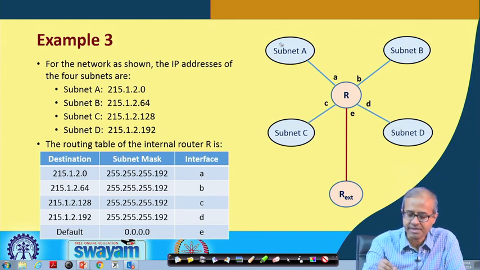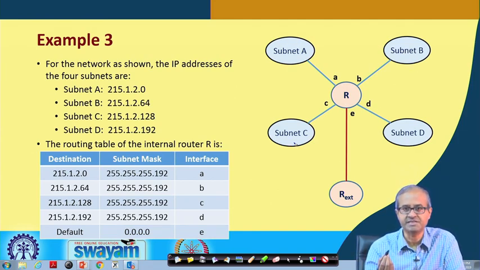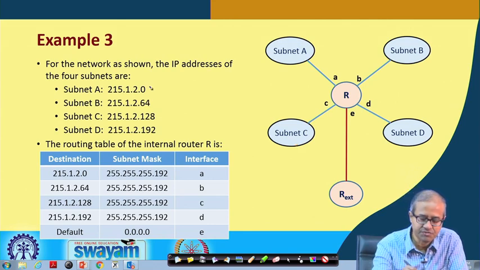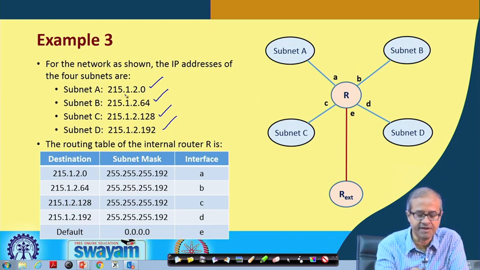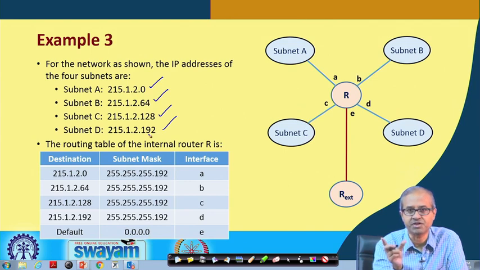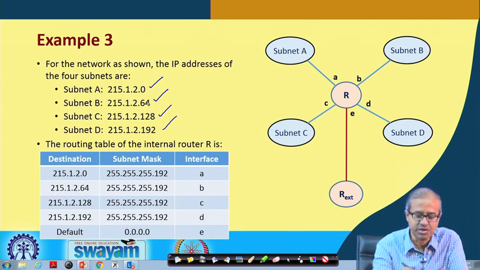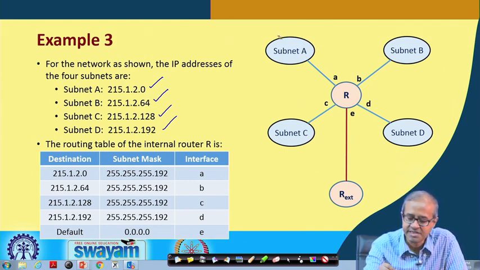Now, we are assuming that the subnetwork addresses, the network addresses, are as follows. They all start with 215.1.2. The last 8 bits are subnetworked. So, you see 0 and 64. The first one starts with the last byte 0 and continues till 63.